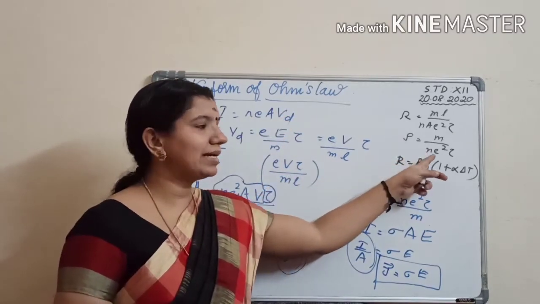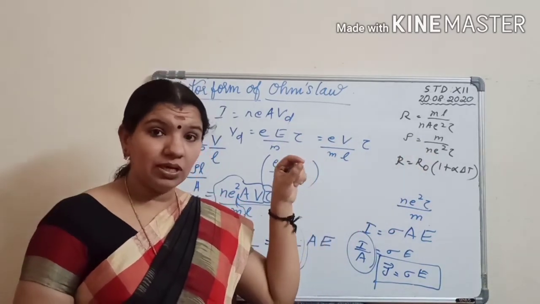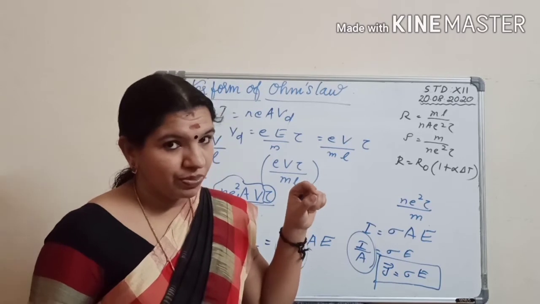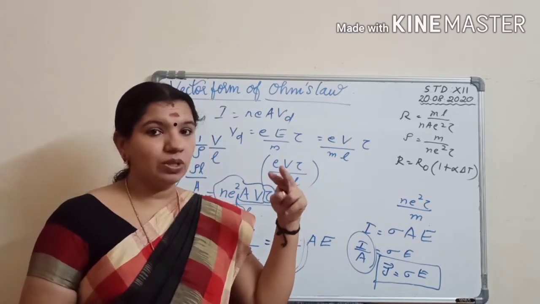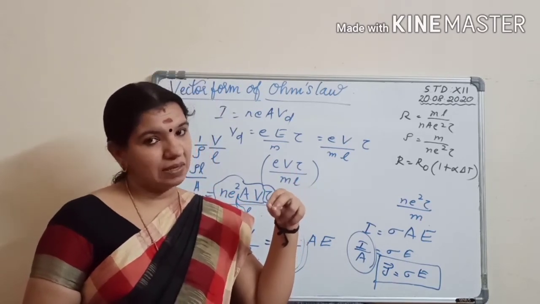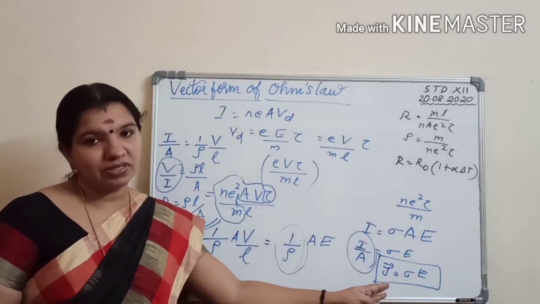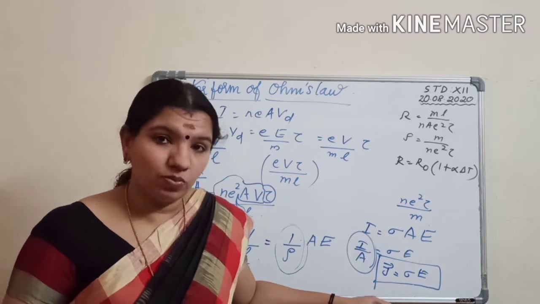Here you get a term like n e square tau by m. You put sigma there because rho equals m by n e square tau, so n e square tau by m gives the reciprocal of rho, which is sigma. Substituting and rearranging, you get J is equal to sigma E, which is the vector form of Ohm's law.